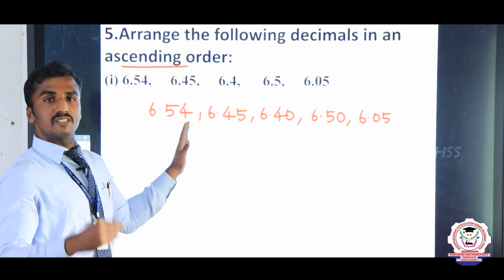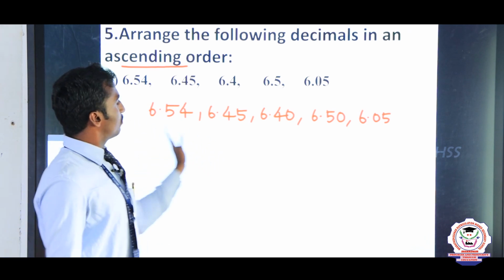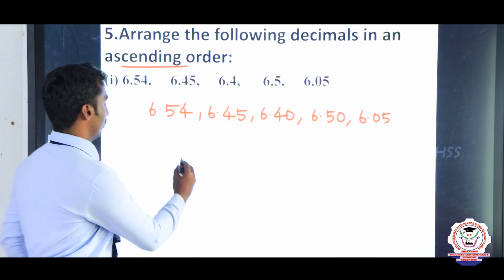So ascending order means smallest value to largest value. The smallest value is 6.05.